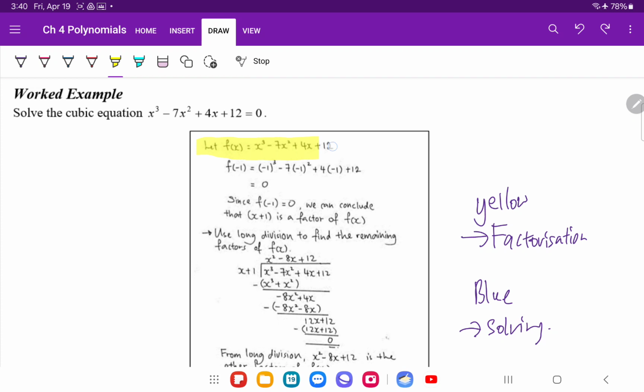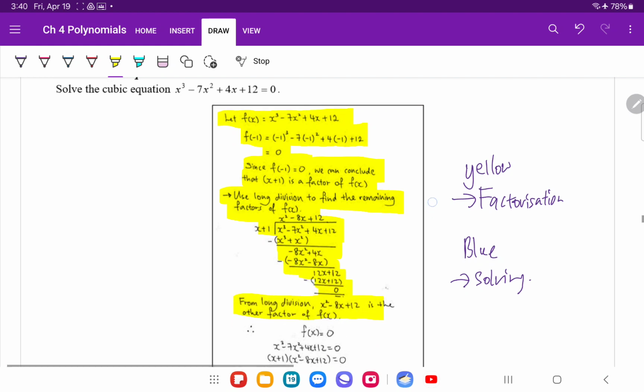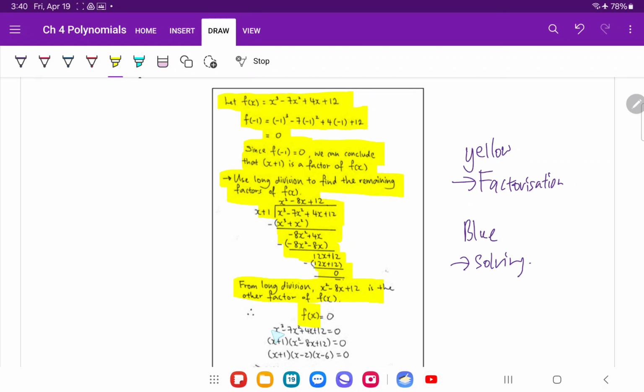So, let f(x), try one of the factors, and indeed, because it's 0, you say that x plus 1 is a factor of f(x). Then, as usual, long division, find the factor, you get remainder 0, and then you get the other factor, and you write f(x) as a product of 3 brackets using the cross method as well. So everything in yellow was the factorization method that we have covered earlier on.